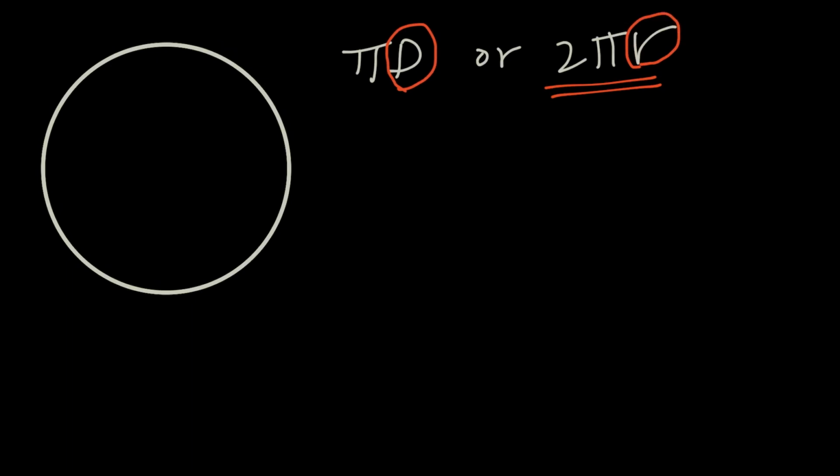A question will usually start with a circle like this and provide you with a radius. So this would be the r, and this would be the diameter. If the question provides you with a radius of 6 cm, for example, and wants you to find the circumference, all you have to do is take the 2 pi r formula and plug in the 6.